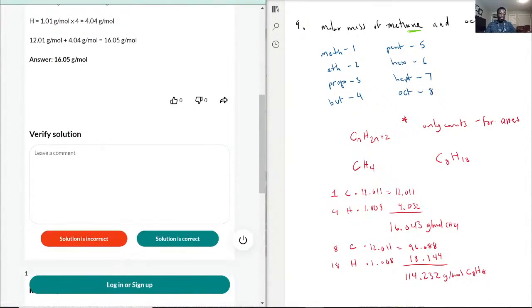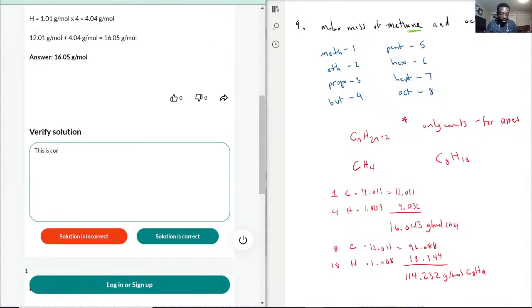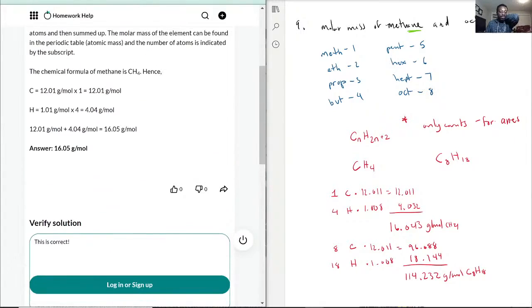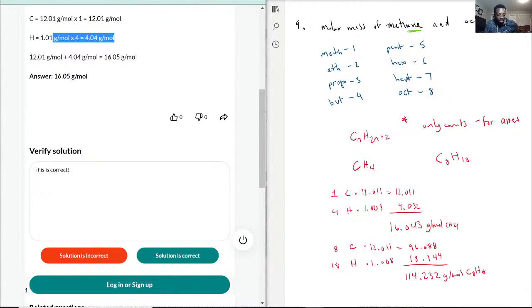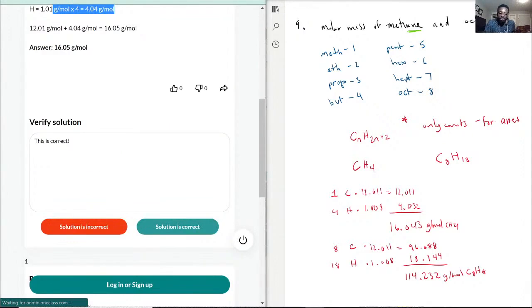So this solution is correct, because what they did is exactly what you should be doing to find the molar mass. Just to review, they had the carbon, they had the hydrogen, they multiplied the hydrogen by 4, and then they added it together. So that is how you do it. And now for number 10.